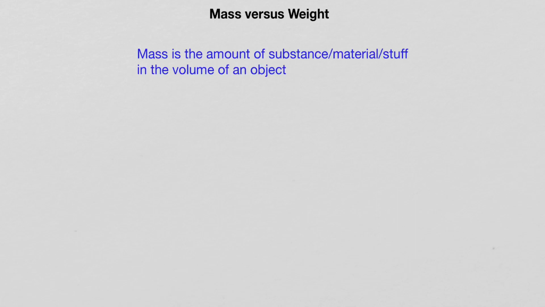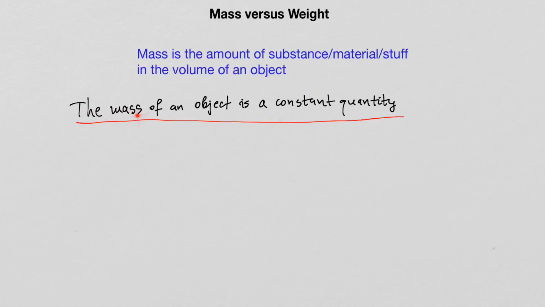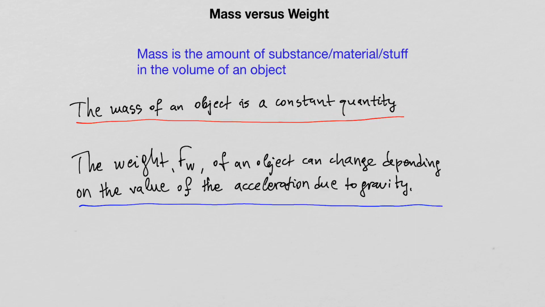So this person has the same amount of mass on the Earth and on the moon, but their weight is different due to the fact that the gravitational acceleration on the moon and the Earth are different. And so the mass of an object is a constant quantity. It never changes, as opposed to the weight, Fw, of an object, which can change depending on the value of the acceleration due to gravity.